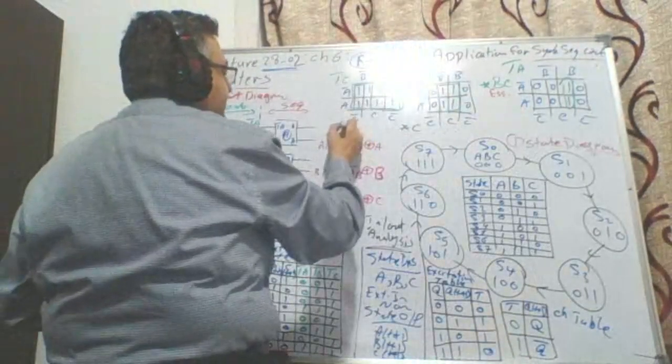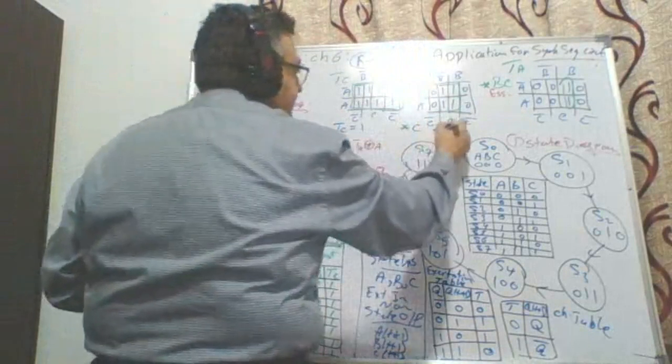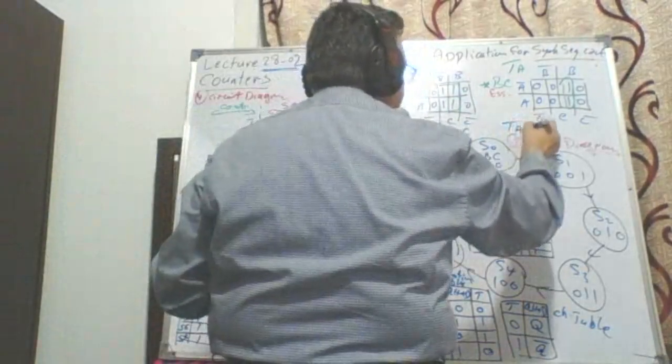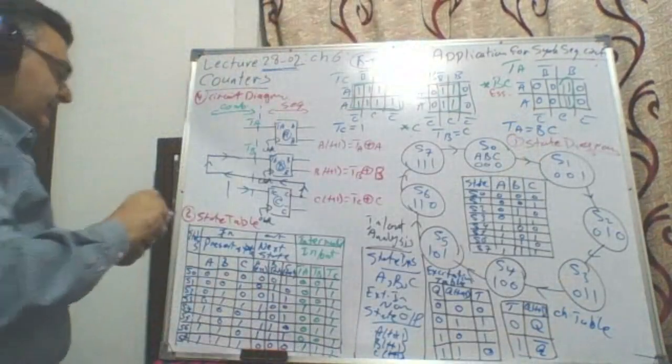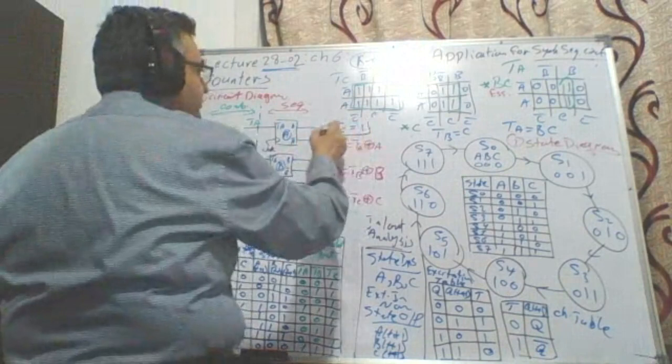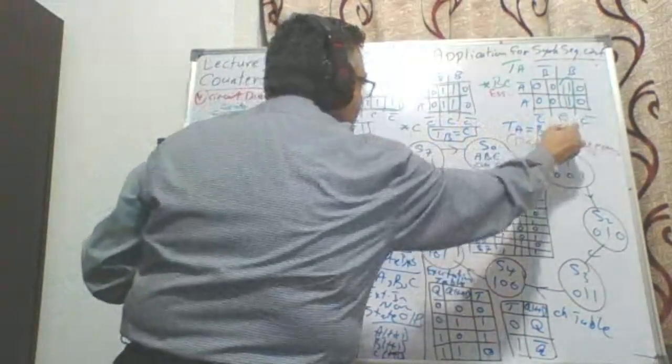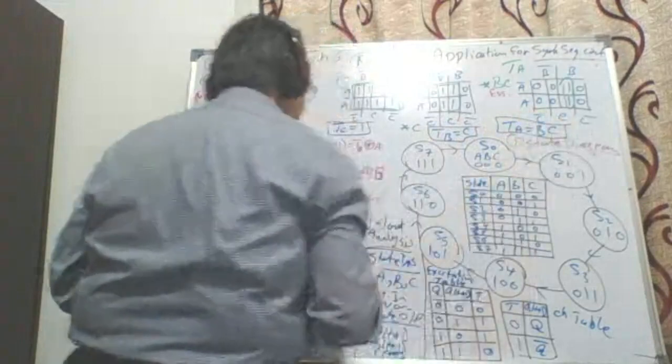So simply, TC equals 1, TB equals C, and TA equals BC. Can I implement that? Yes, for sure. This is the first equation for the intermediate input, this is the second, and here is the third.